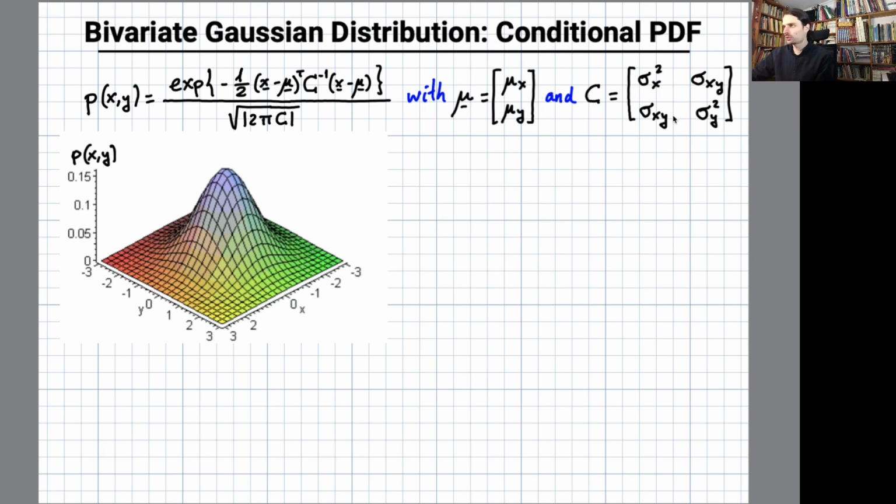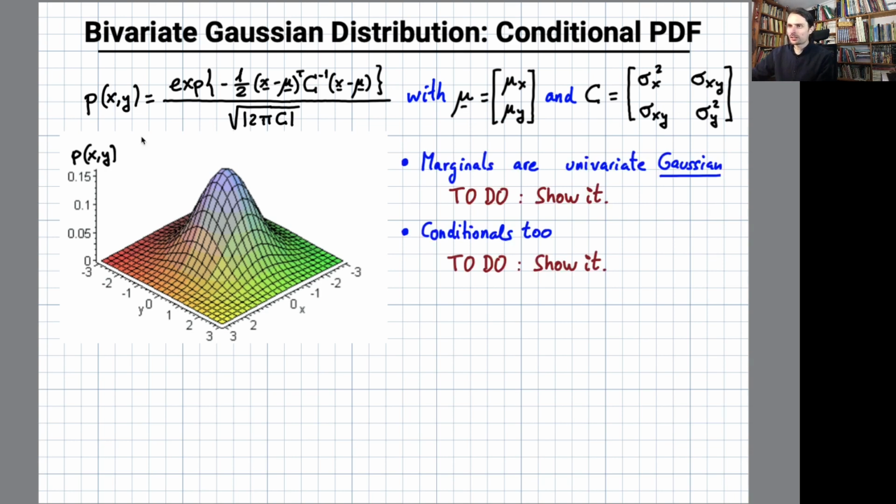We will use this notation to refer to the variance of x, the variance of y, and the covariance of x and y. Pictorially, it looks like a Gaussian bell centered at the mean vector, and whose shape is determined by the covariance matrix. We will see more on this later.